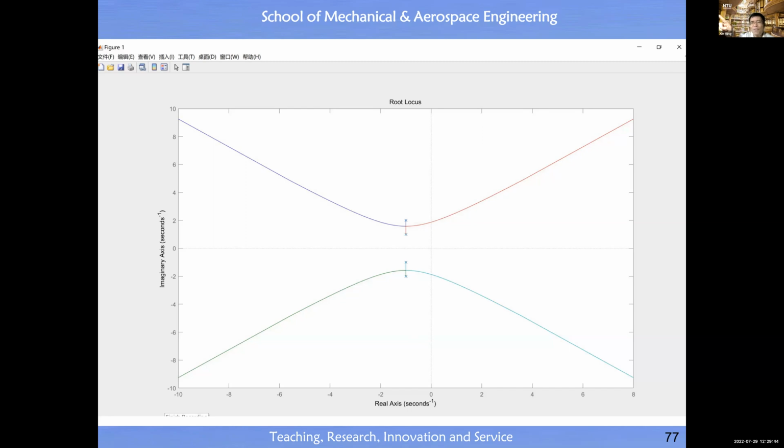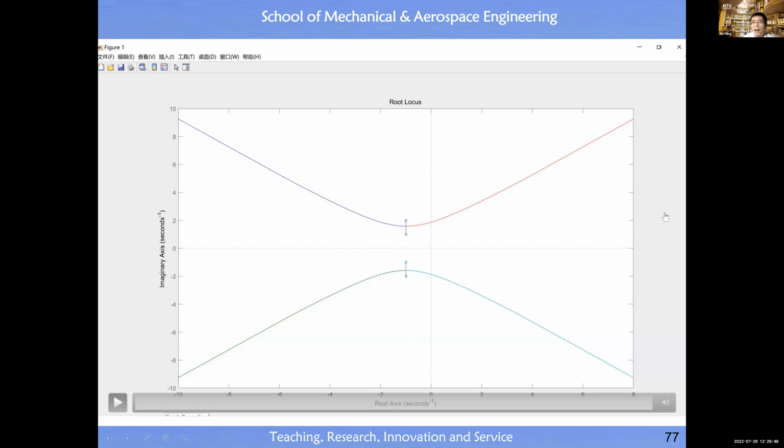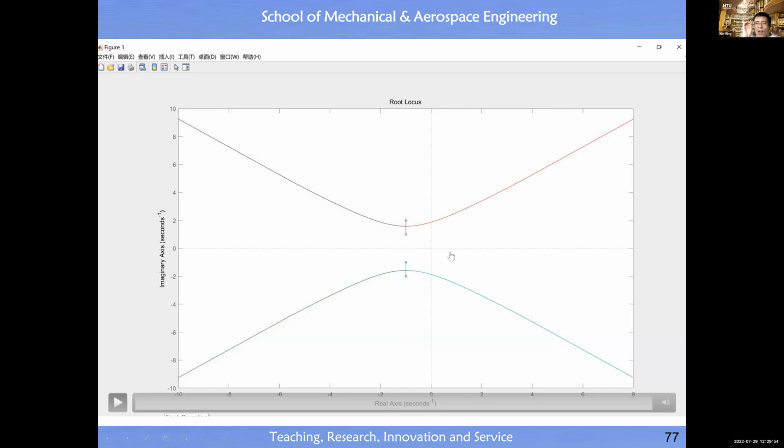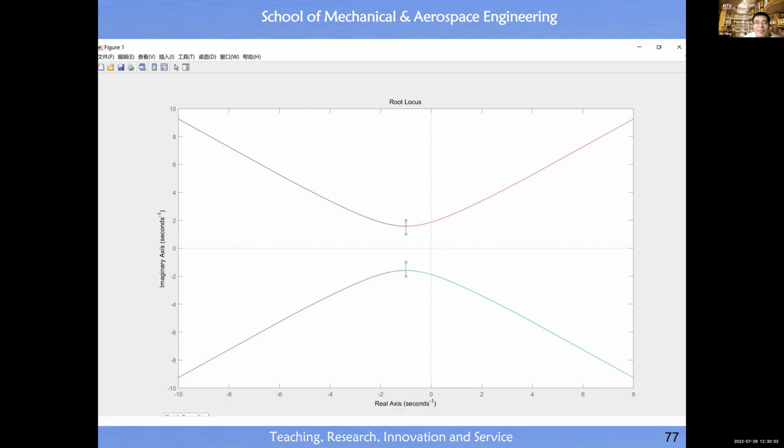And when t goes to infinity, then this value goes to infinity. It means what? The system becomes unstable. So it's very easy to understand. All right. So we should not have a positive horizontal component. That means the roots must remain in the left half plane. All right. So obviously this is not a stable system.